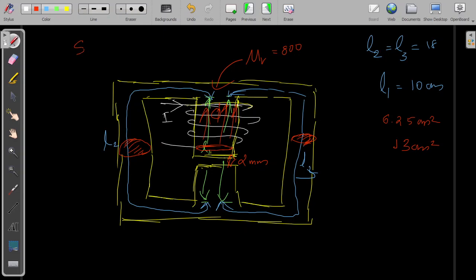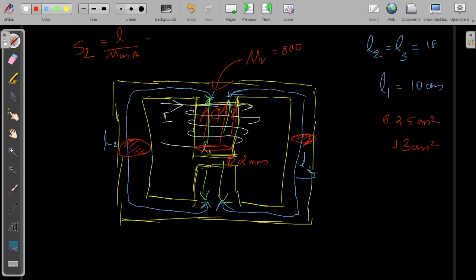S2 is the reluctance offered by this left limb, and S3 is the reluctance offered by the right limb. So S2 will be equal to L by mu m A, where L is L2 and A is the same cross-sectional area. mu m is also the same.